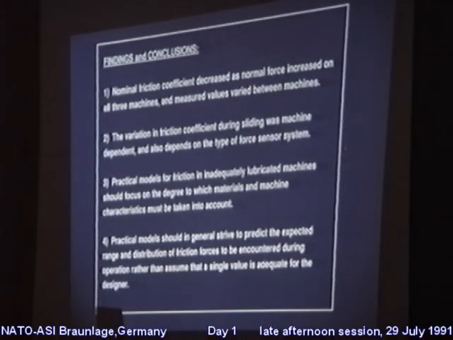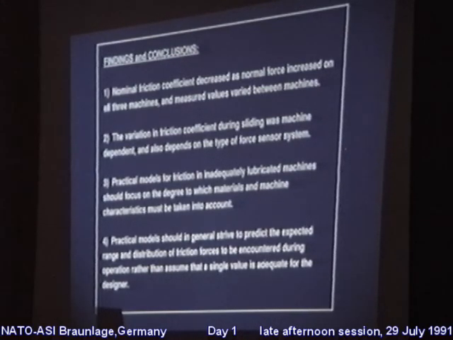And practical models should in general strive to predict the expected range and distribution of friction forces to be encountered during operation, rather than assume that there is a single value of friction coefficient that describes a machine. If I went to a designer and said, well, if you use this material combination, you're likely to see a maximum friction coefficient of such and such, and you might even see a minimum friction coefficient of such and such.